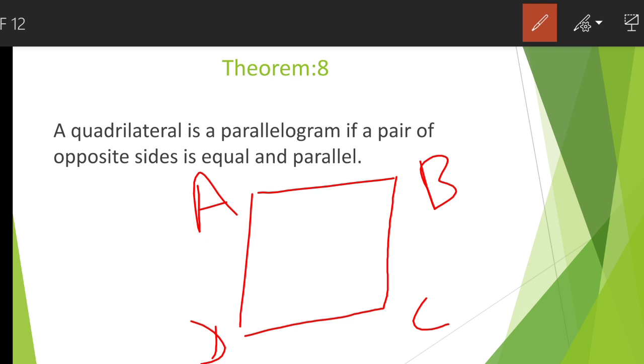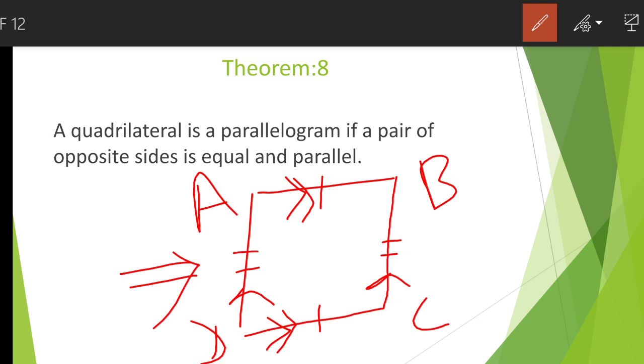We can say it is a parallelogram if the pair of opposite sides are equal as well as parallel to each other. So not only equal but parallel. Then we can say that this quadrilateral is a parallelogram.